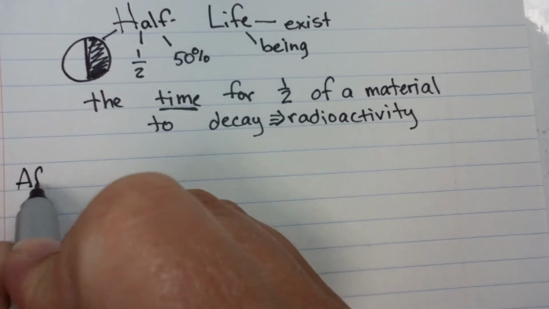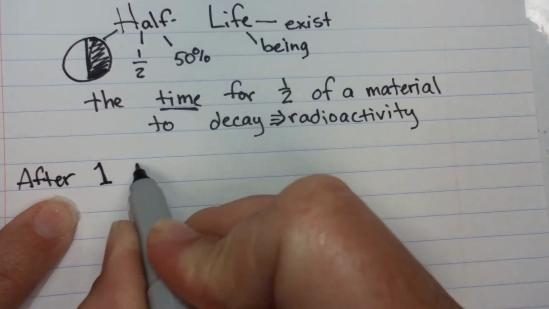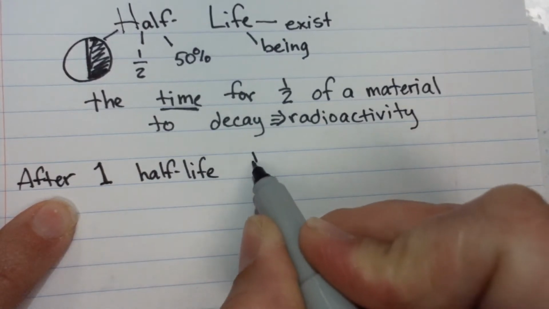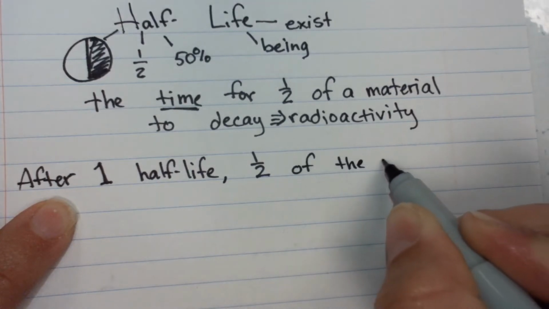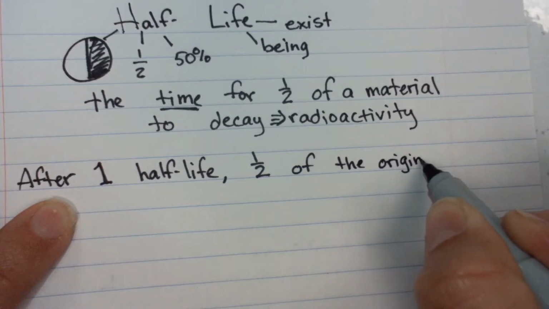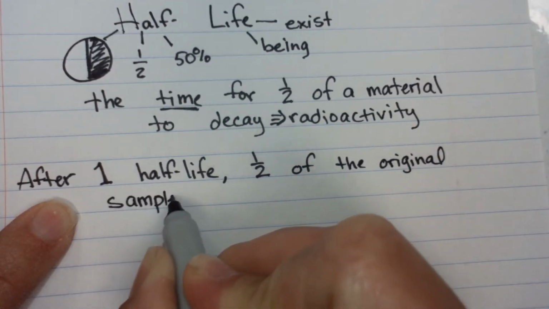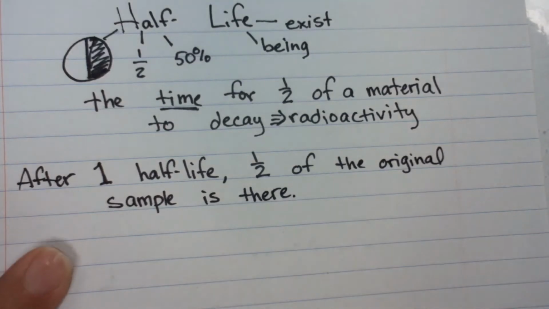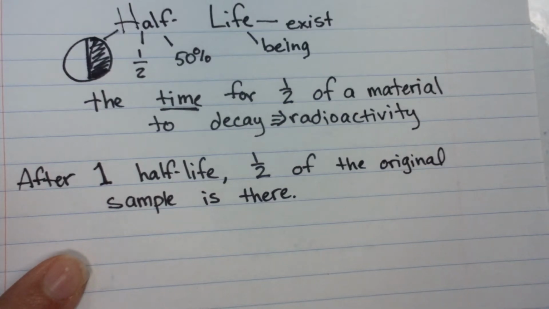After 1 half-life, make that look like a 1, not an L. After 1 half-life, 1/2 of the original sample is there.